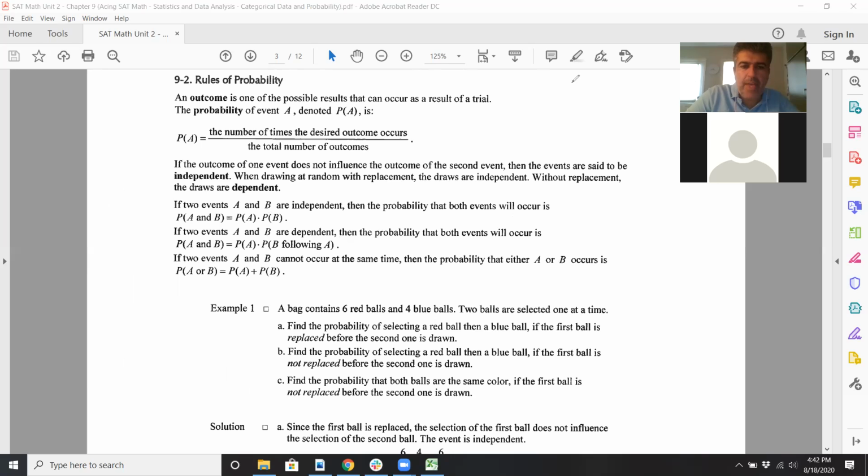There's another one, the probability of A or B happening, so this or this. In this case, you just add them. A good example would be, what's the probability that it will rain tomorrow or it will rain the day after tomorrow?